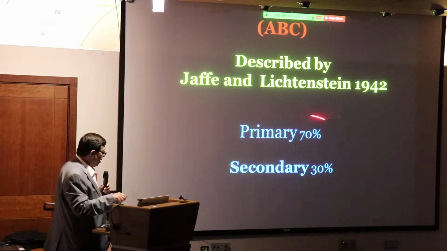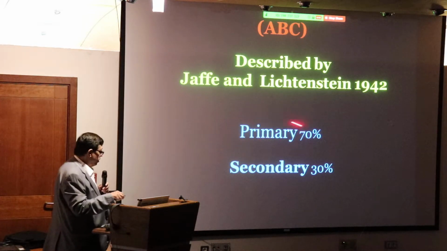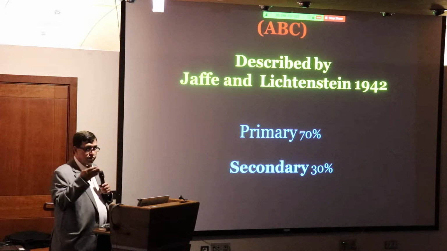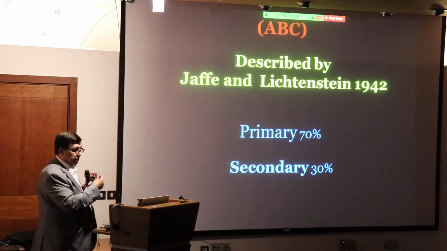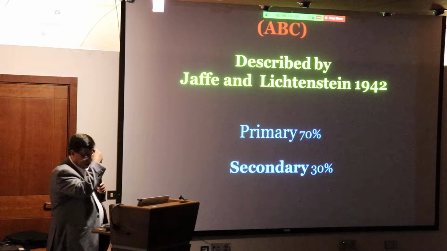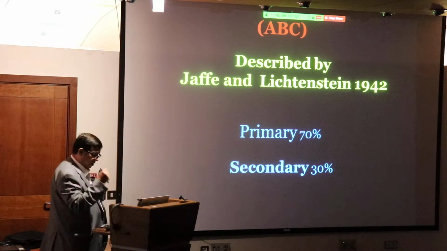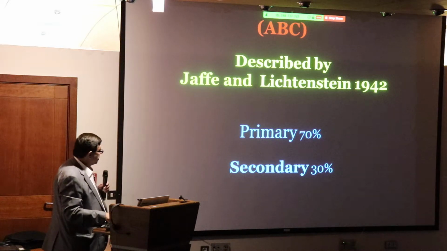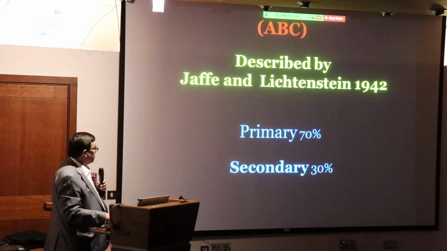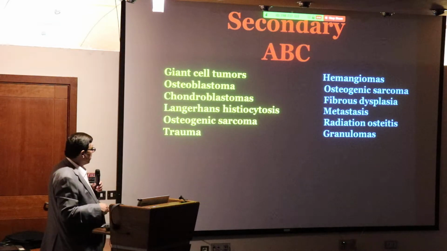The majority are primary, and in the majority of these cases there is a history of trauma. You have seen that this little boy had a scar of a trauma on the left side. He has the proptosis on the right side, but there is a history of trauma to his skull, which goes with the pathophysiology of these aneurysmal bone cysts.